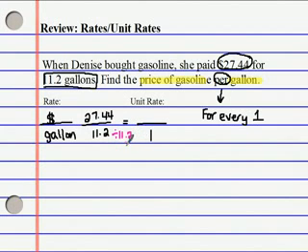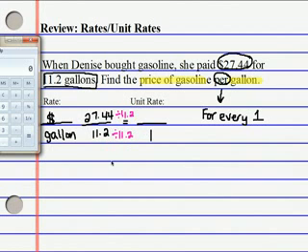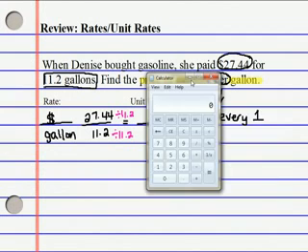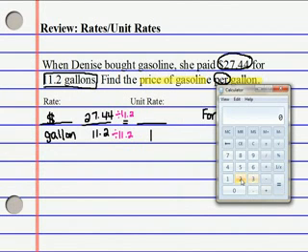And the golden rule of fractions says whatever I do to the denominator, I have to do the same thing to the numerator. We'll divide that by 11 2/10 as well. So we have $27.44 divided by 11 2/10.